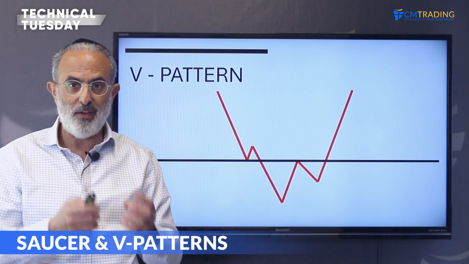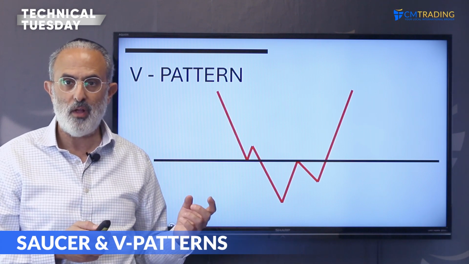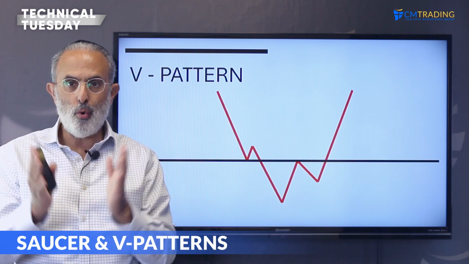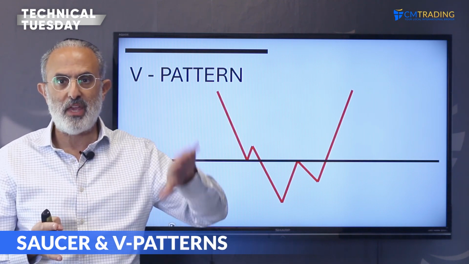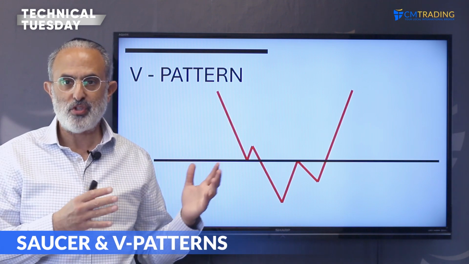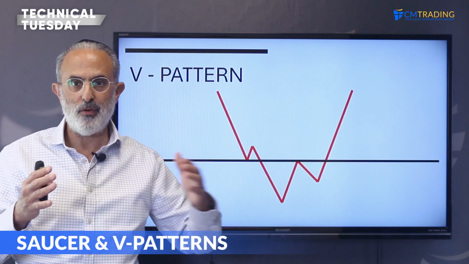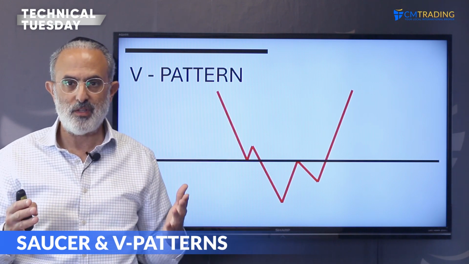So time and volume are two of the most important components here as well, where you want to see how quickly that V pattern is developing, because the counter move will be just as quick. Whereas with the saucer, it takes a longer time to develop, this happens almost instantaneously.